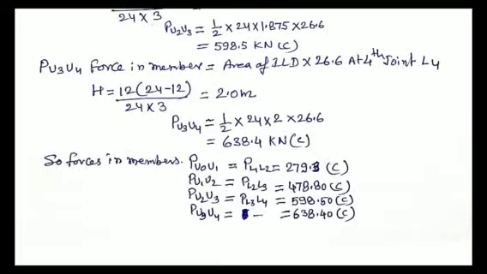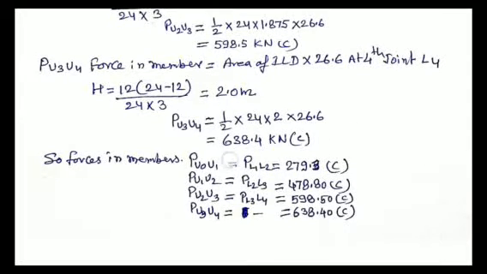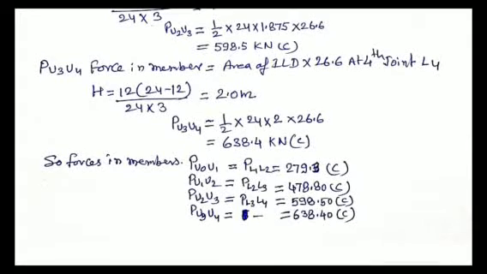It comes out to be 2 meters. So the total force in the horizontal upper chord member U3 U4 comes out to be half into 24 into 2 into 26.6. It comes out to be 638.4 kilonewton, which is compressive in nature.